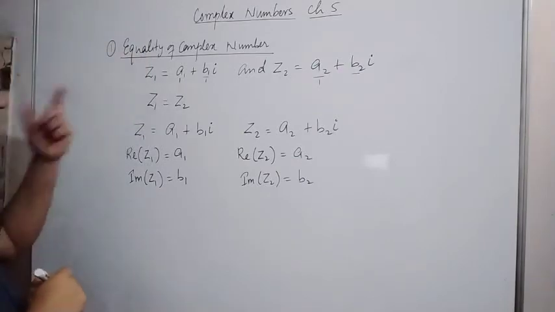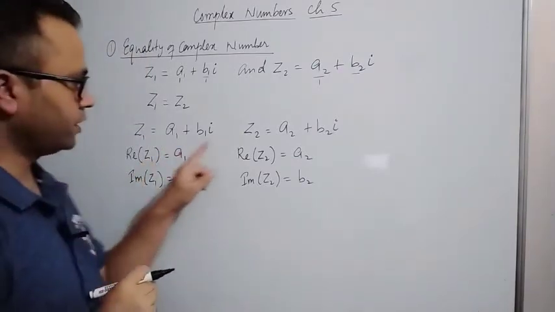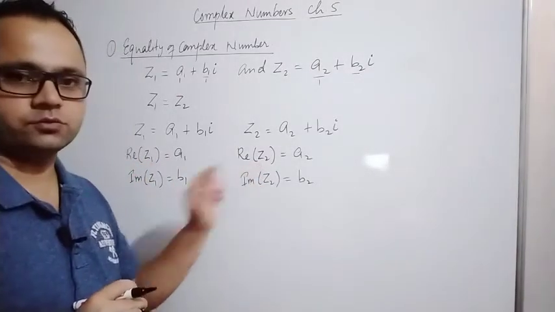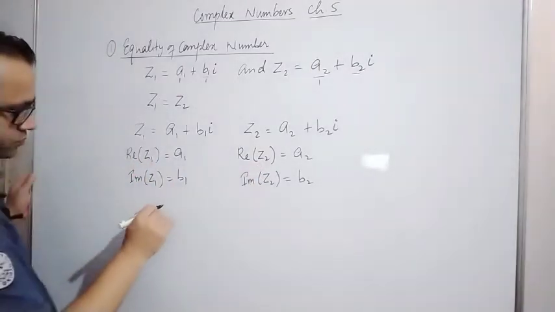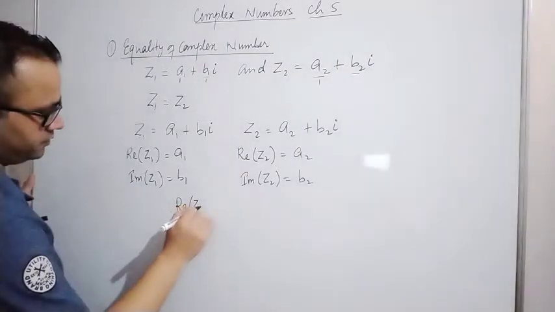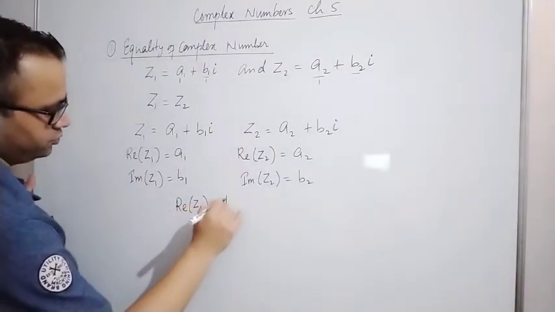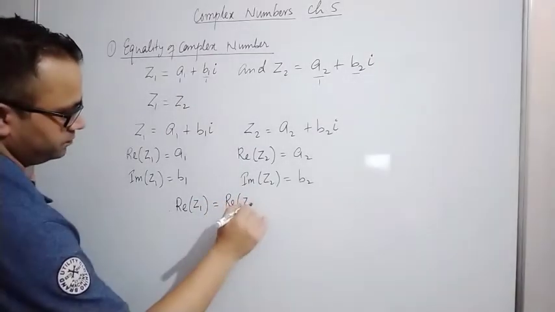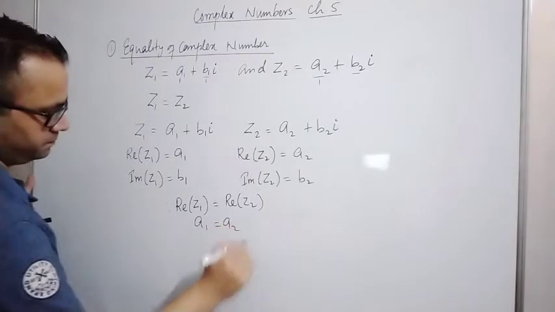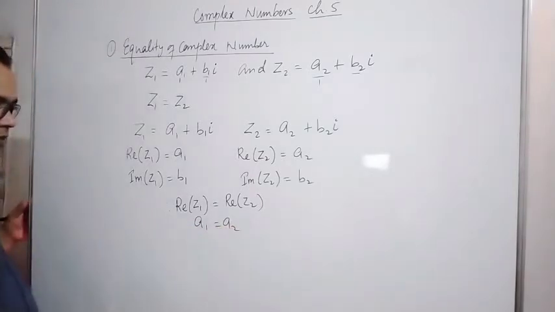In case of equality, these two are equal. Re z1 equals Re z2. So we can say that the real part of z1 equals the real part of z2. That means a1 equals a2. Real parts are equal.